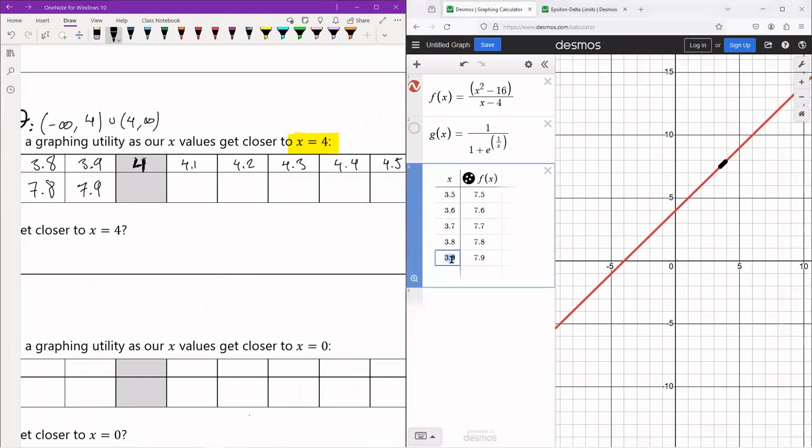And again, I'm going to have Desmos compute stuff out for you, because it can do that. And you guys see, this is going to be 8.1, 8.2, 8.3, 8.4, 8.5.